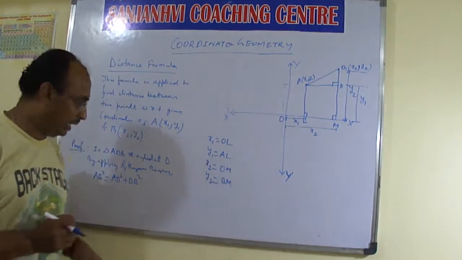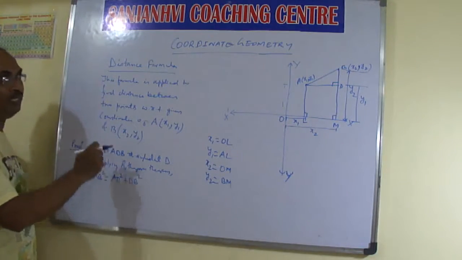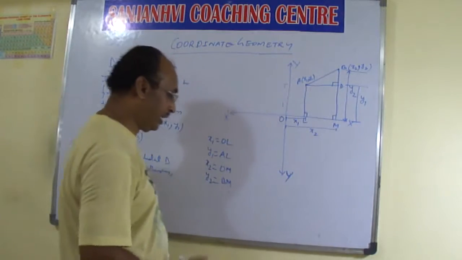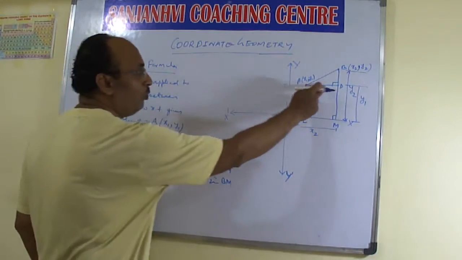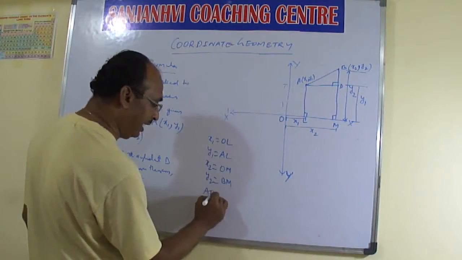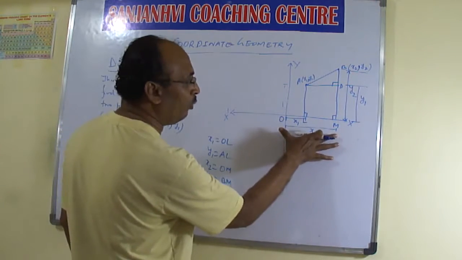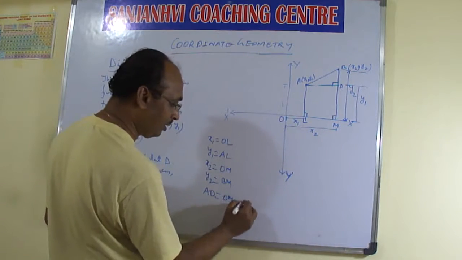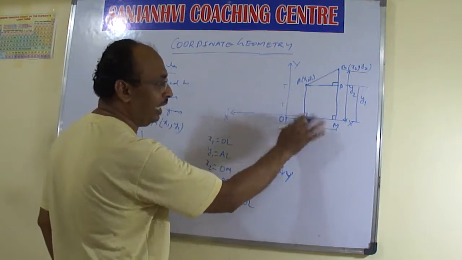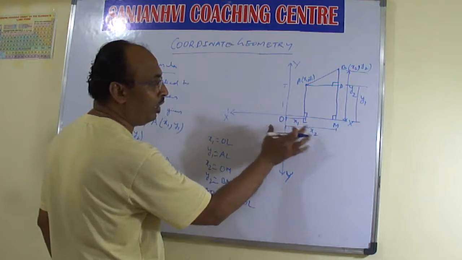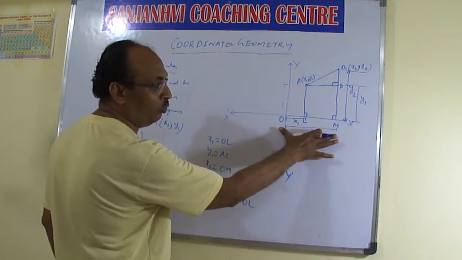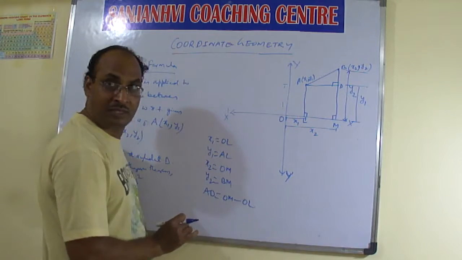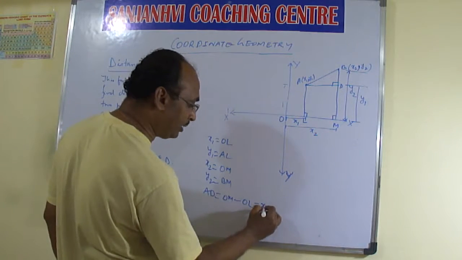Now the question arises, we need to find AD. AD is equal to OM minus OL, that is LM. We know these, so it gives you x2 minus x1.